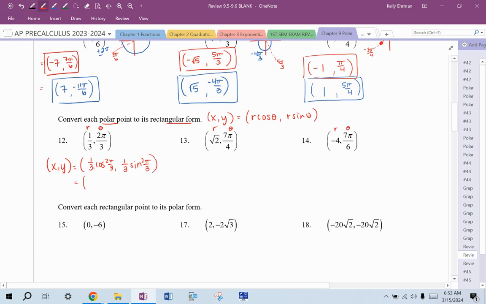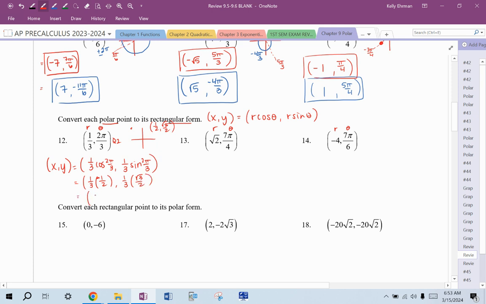So 1/3 times, what is the cosine of 2 pi over 3? This is quadrant 2. Your ordered pair for pi over 3 is this. So cosine is 1/2. And cosine's negative 1/2, excuse me. And sine in quadrant 2 over here is positive radical 3 over 2.